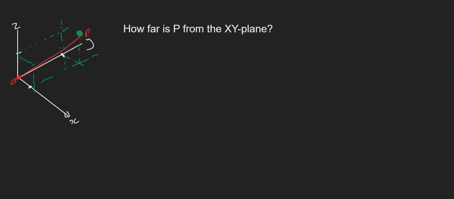Now the next question you have to look at is the one on screen again. How far is P from the xy plane? So we need to first highlight the xy plane. The xy plane is this plane on the floor, should I say. This is it.